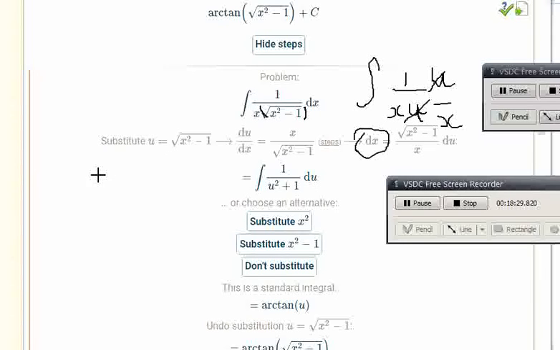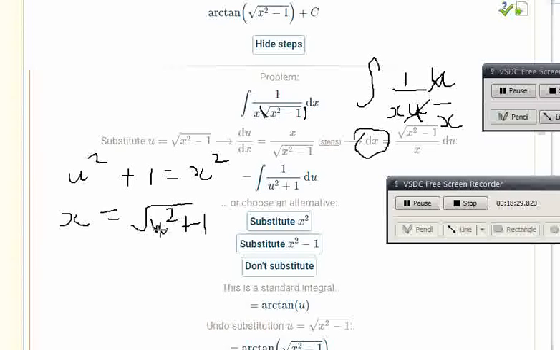So x squared can be rewritten as u squared. Taking squares of both sides, you get u squared is x squared minus 1. You get u squared plus 1, which is x squared. And taking the square root of both sides, you're going to get x is the square root of u squared plus 1.